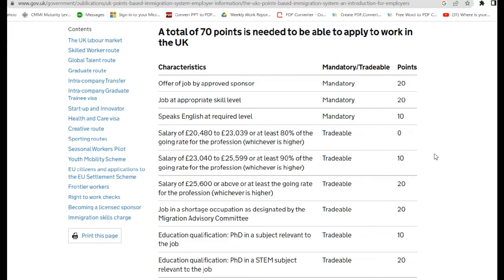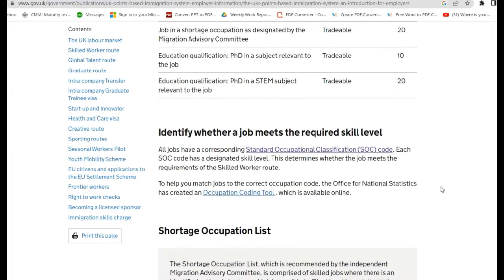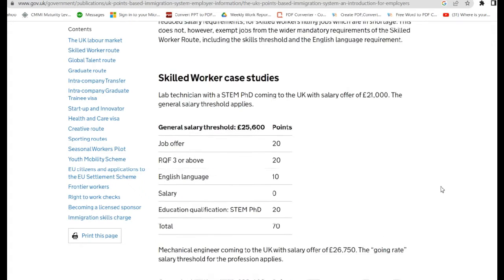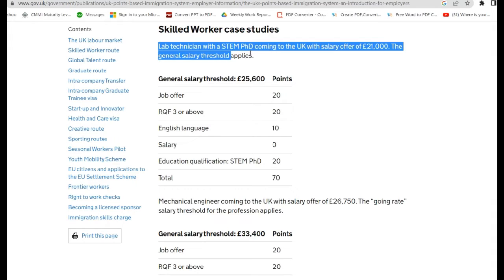To understand what the threshold looks like, let's move on to my computer screen. As you see, the characteristics and the total conditions are provided here. Let's scroll down a bit, and there is an example provided of a lab technician with a STEM PhD. So what kind of points does this person receive based on the job offer and the rest of the conditions in the skilled worker visa?